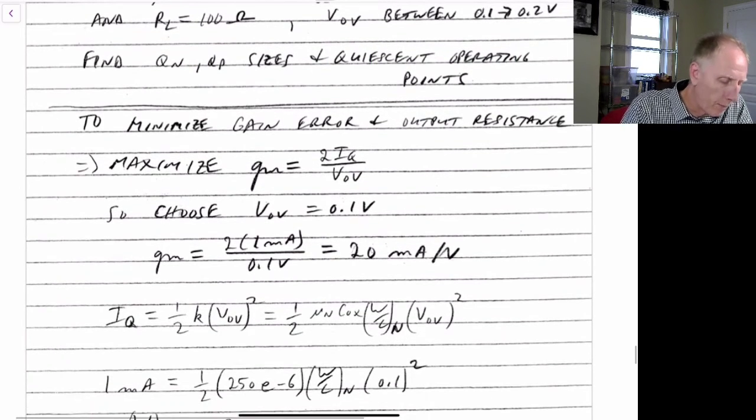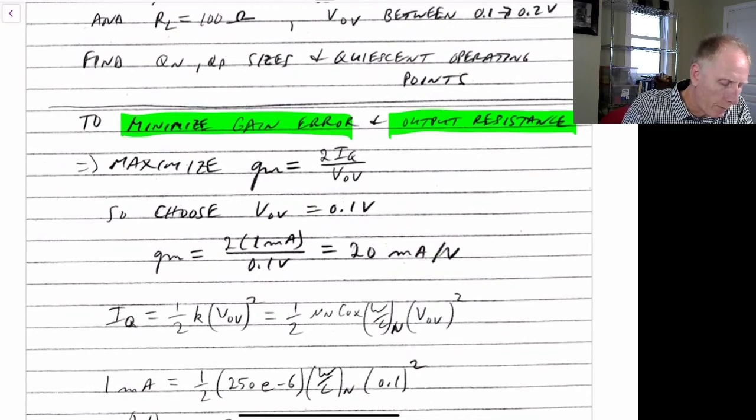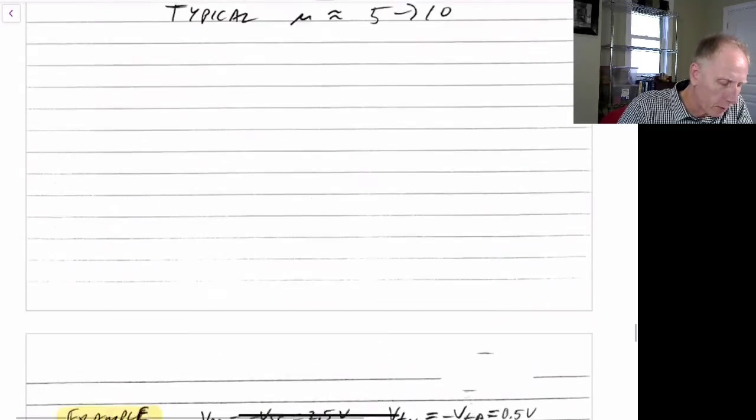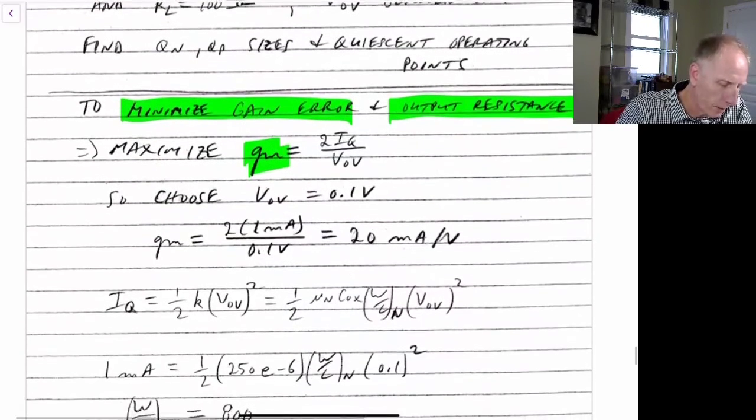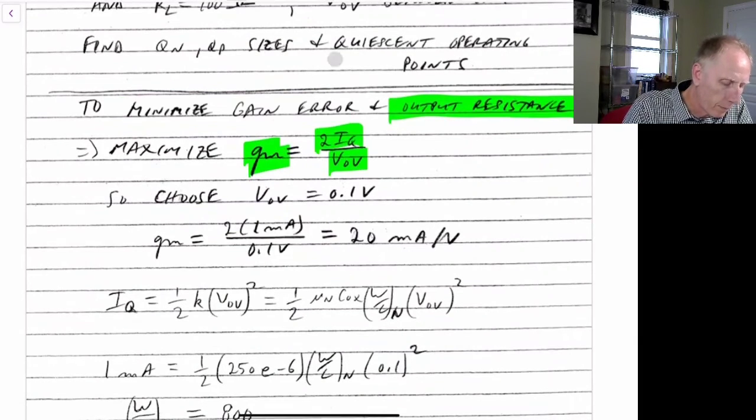So first off, we want to minimize our gain error and our output resistance. We want to maximize our GM because we saw before that we have a GM term right here, which affects the gain error. We've already decided what mu is, so we need to maximize our GM. GM is equal to 2IQ divided by V overdrive.